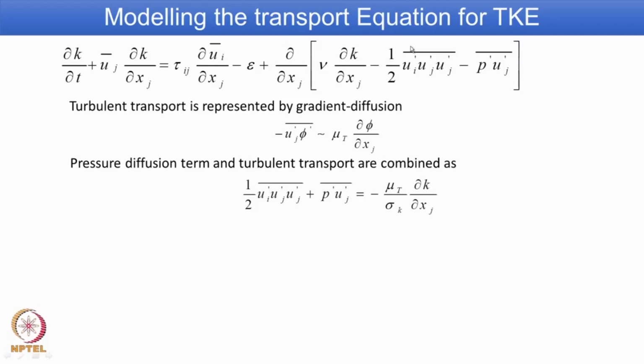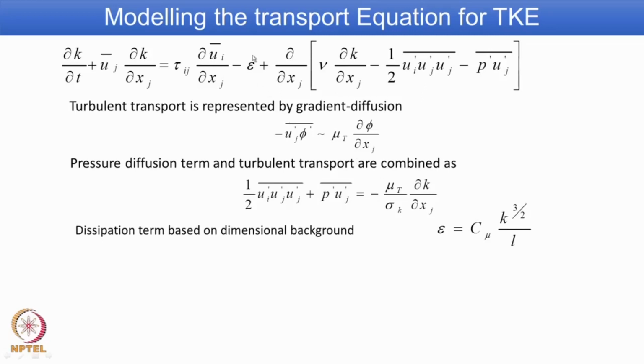If you solve it, the variable that you will come to know is only k, hence we use the gradient of k as a known, and these two unknowns are replaced with a quantity that is known. The quantity that will become known when you solve this equation is k itself, hence we write dou k by dou x j.